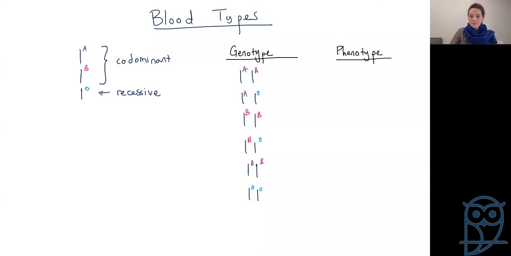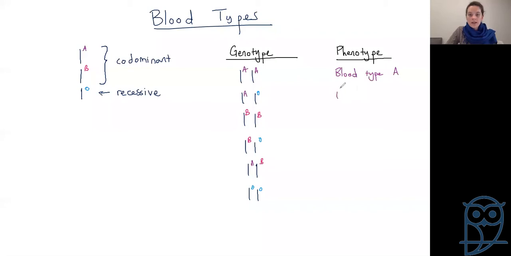So A and A. So we are blood type A. A and O. Now remember, the O in this case was special because he's recessive.